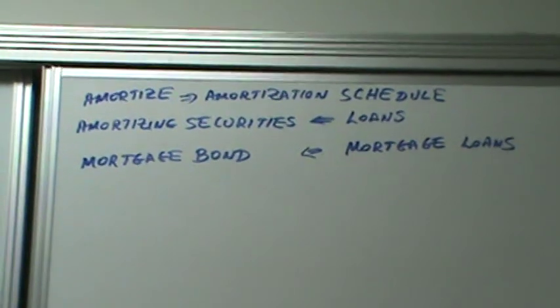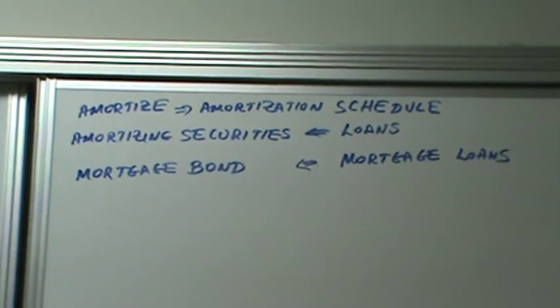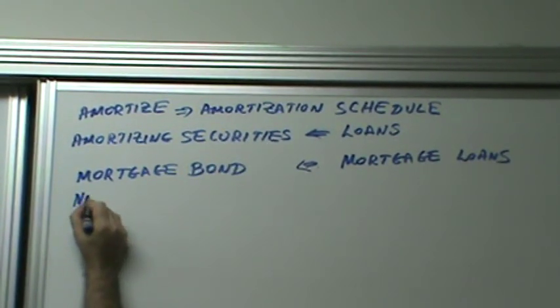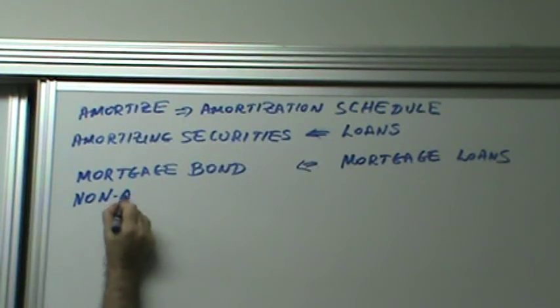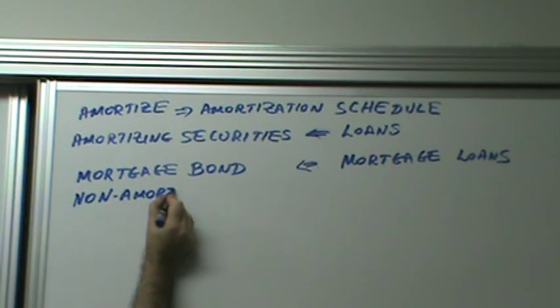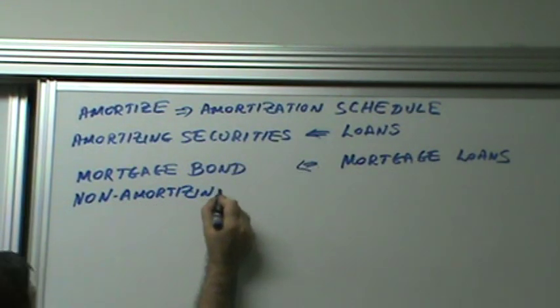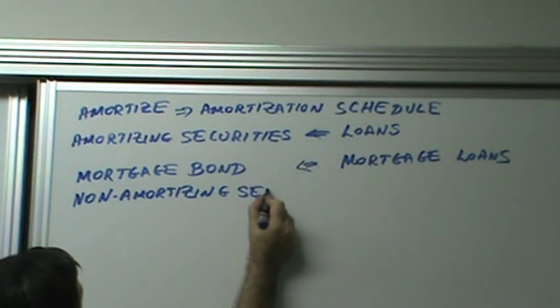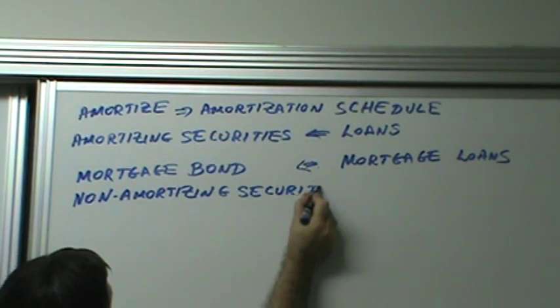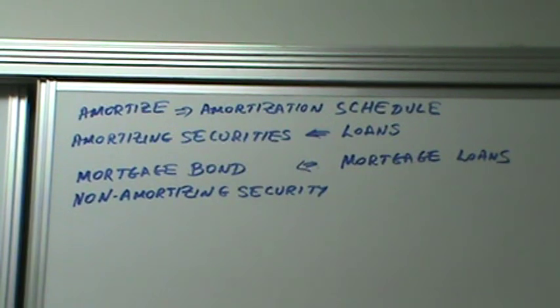The other type is called non-amortizing security.